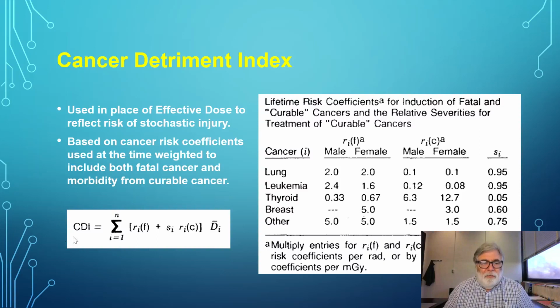In the case of this CDI parameter, what we're doing is we're taking the risk of fatal cancer, R sub I, F, for the different tissues, I, and then we have a risk of curable cancer, that's the R sub I, C, curable cancer risk, times the severity, what all morbidity occurs as a consequence. And all these are on a per dose basis. These are the values that they've used in this calculation. And add those all up, and that gives us what the cancer detriment risk is.